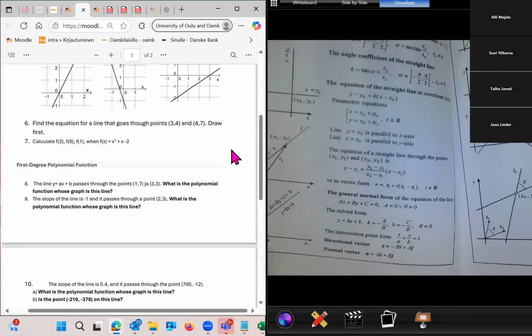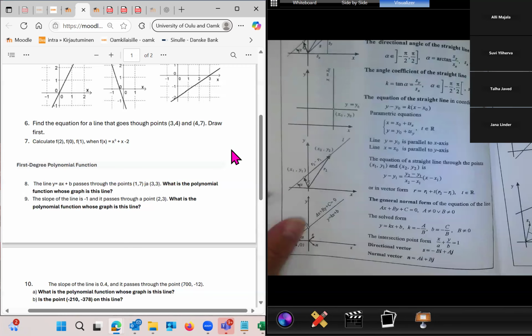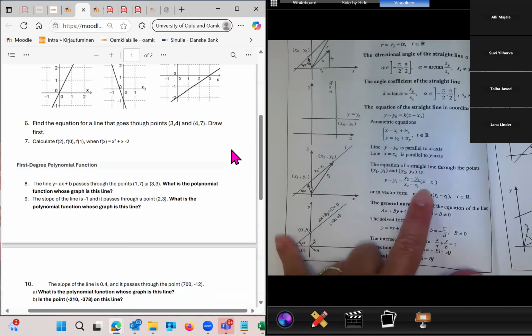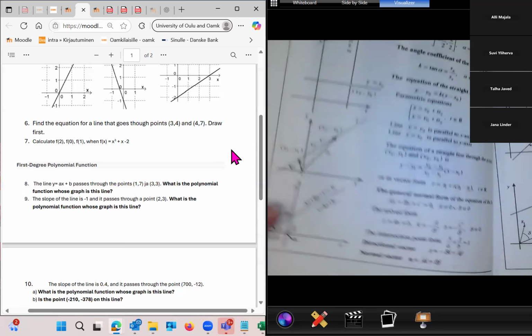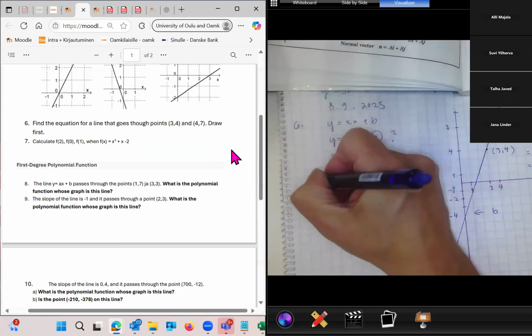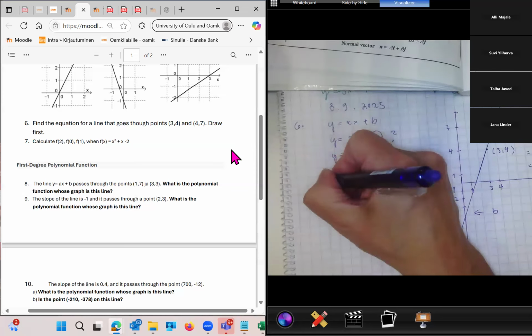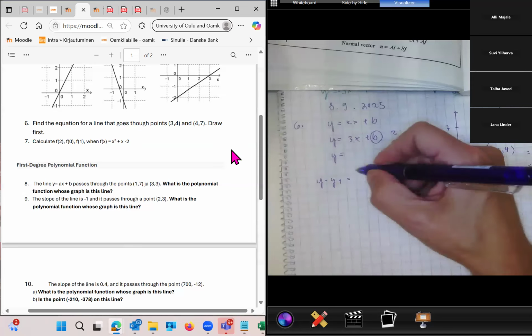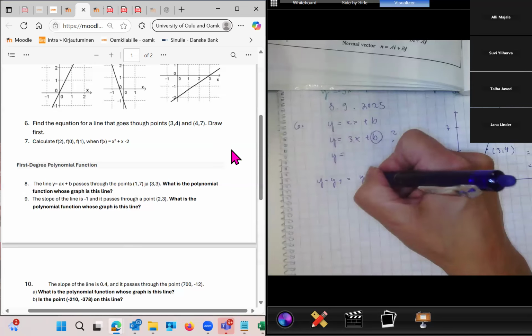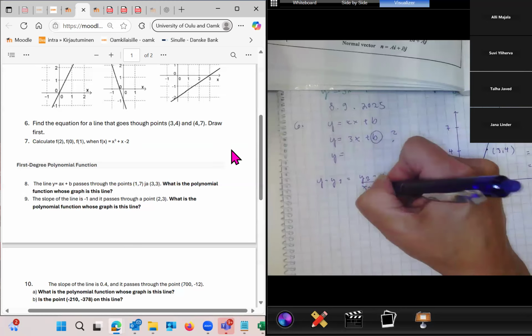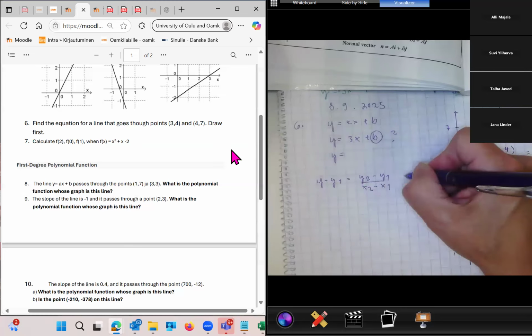I don't trust my drawing, so I calculated with this: y minus y1 is y2 minus y1 divided by x2 minus x1.